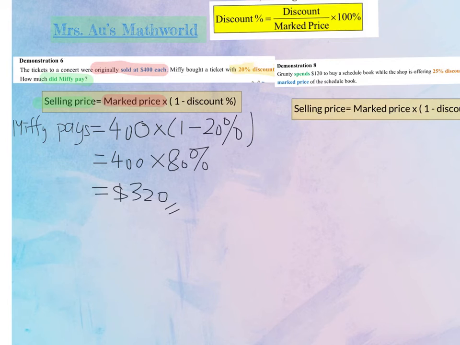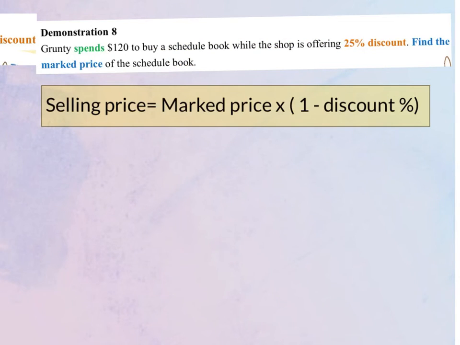And then we can look at how it works with another example, which is demonstration 8. So we can see that for this example, Whitney spent $120 to buy it, but it is a 25% discount. That means the discount percentage is here, 1 minus 25%, fill in the blanks.